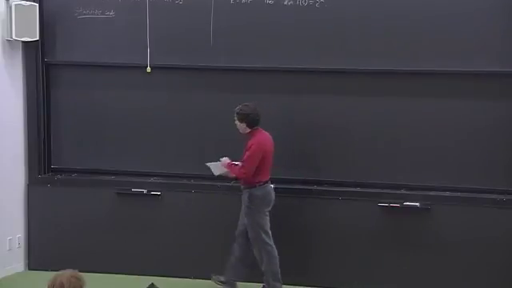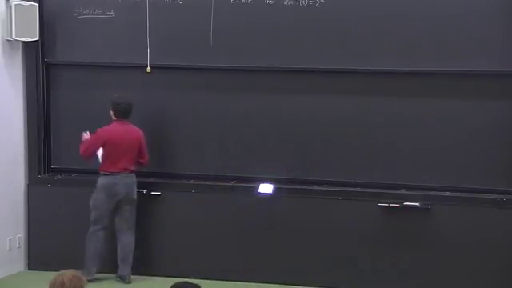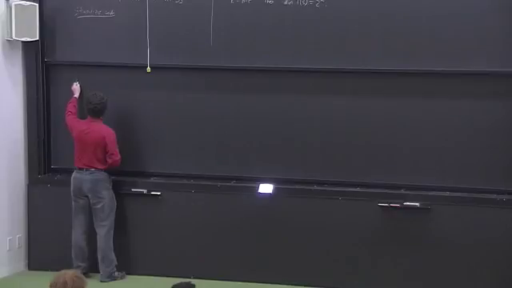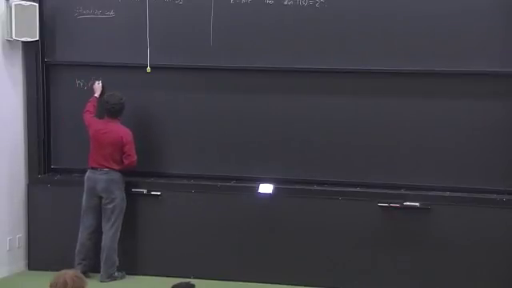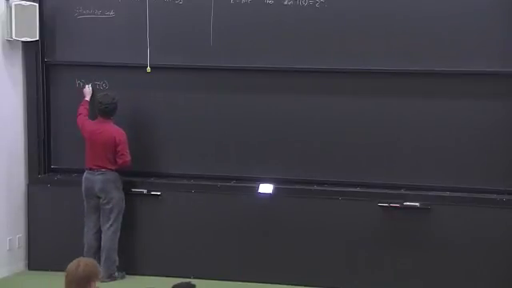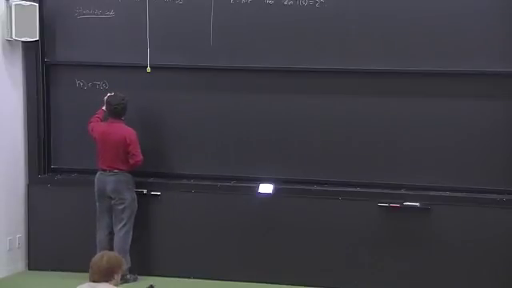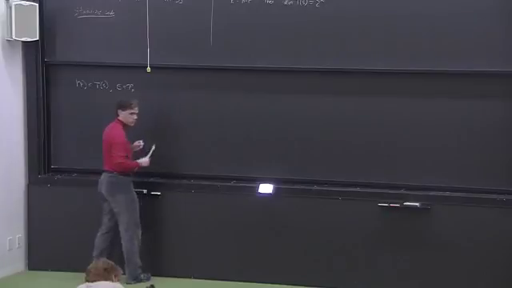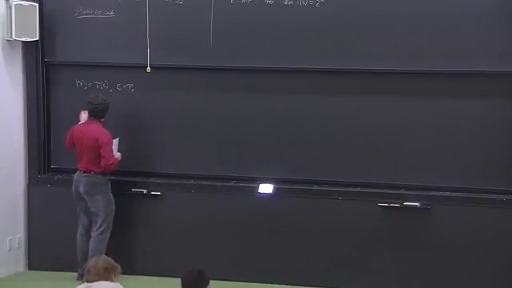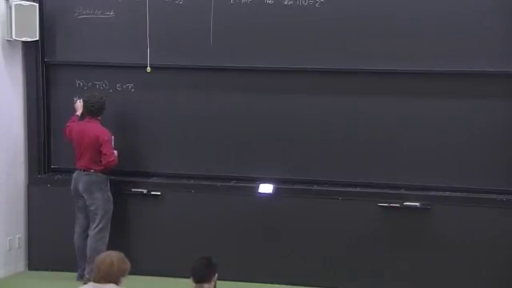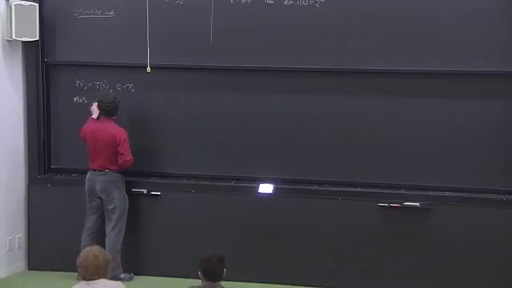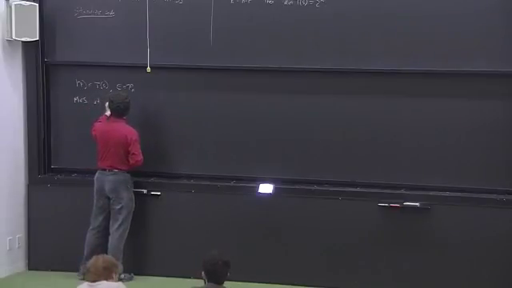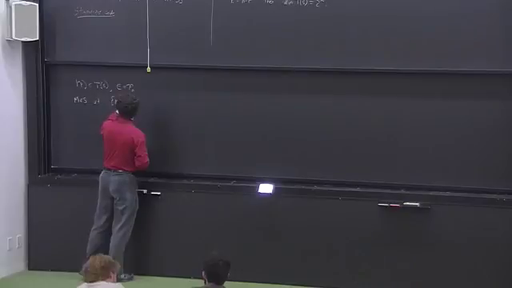So suppose we have an arbitrary state psi that's in the code, and it has an error E that's in the Pauli group. Suppose we have some M in the stabilizer such that M and E anti-commute.